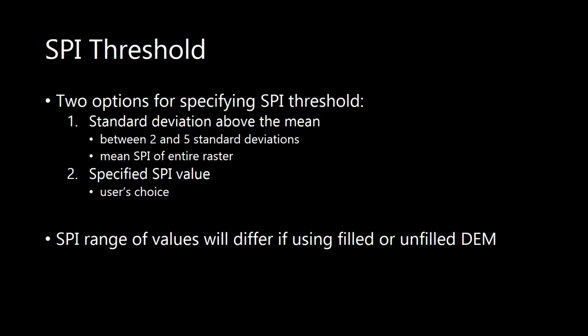So if you remember, these rasters actually expand to a 1,000-meter buffer beyond the watershed boundary. So these values can vary a little bit and may not be as accurate as you're looking for. It's up to you. The second option is to have the user specify an actual stream power index value. This will take some time to look at the raster and see the distribution of values before you make a choice. And remember, your stream power index range is going to vary depending on whether you used a filled or an unfilled DEM.